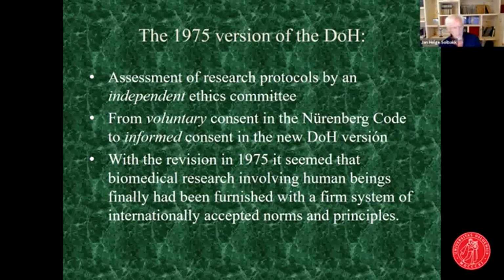Second, a move from voluntary consent in the Nuremberg Code to informed consent in the 75 version of the Declaration of Helsinki. With the revision in 1975, it seemed that biomedical research involving human beings finally had been furnished with a firm system of internationally accepted norms and principles.